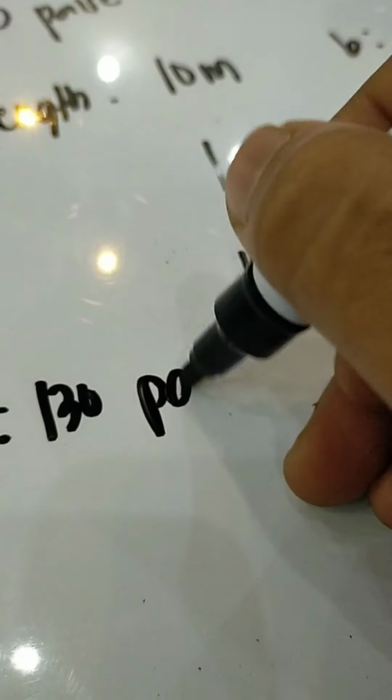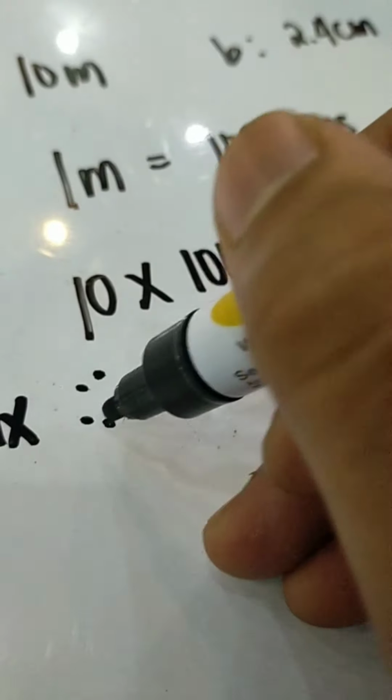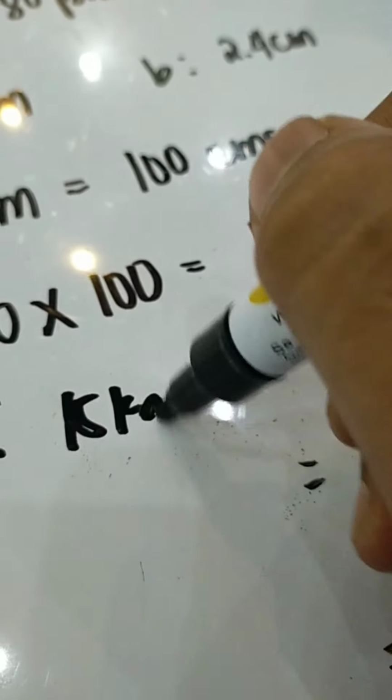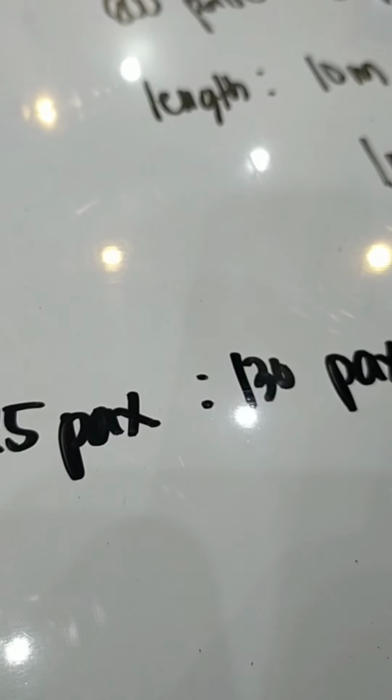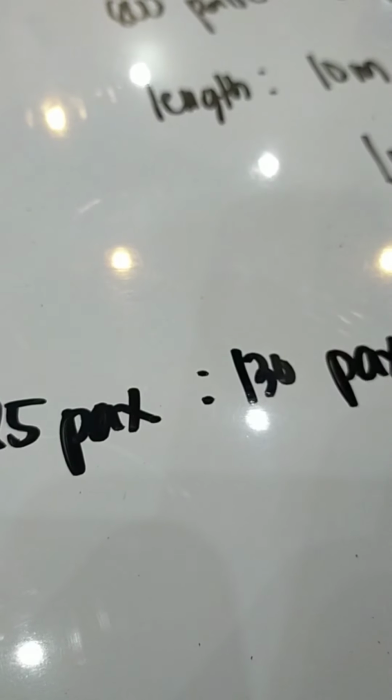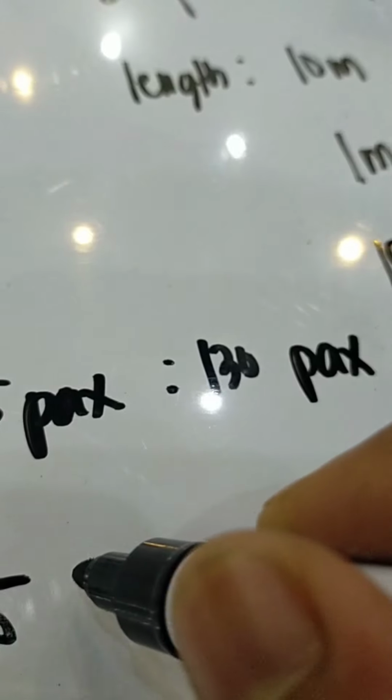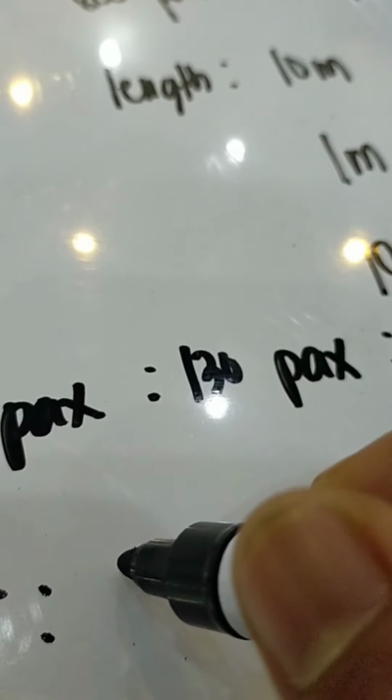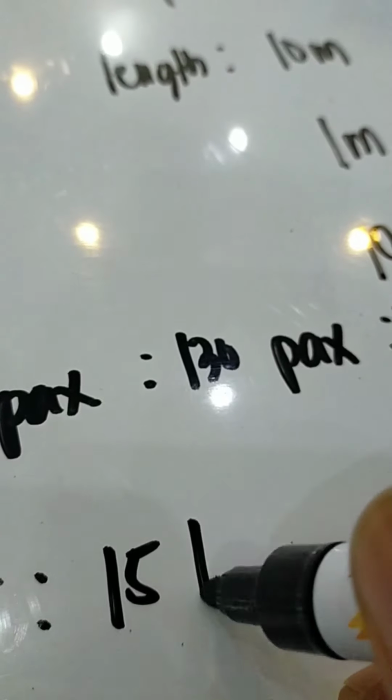For letter B, okay, so ang ratio and proportion naman natin sa letter B, we have 25 persons is to 130 persons as to 15 kilograms is to 78 kilograms. So we can write that also in, how do you call that, ratio form, or the fraction form.